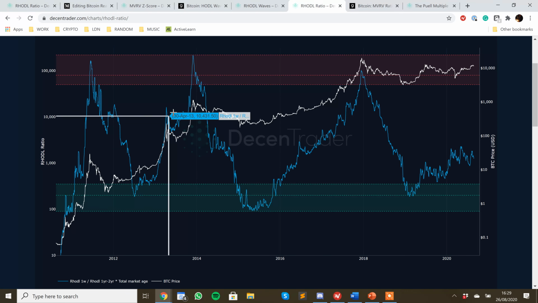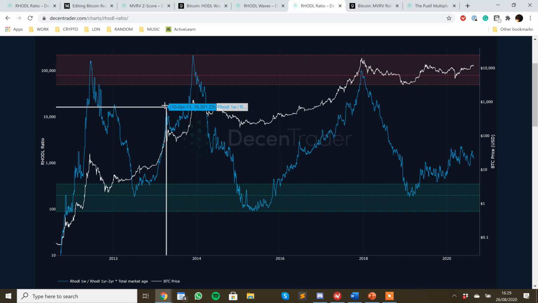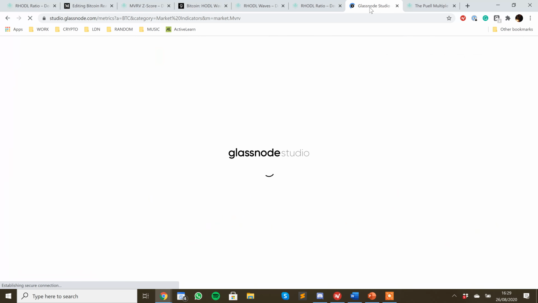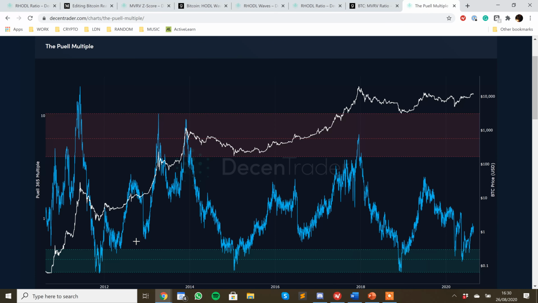Back in this top we had back in April 2013. So if we go to something like MVRV, oh, it's loading up on Glassnode. Okay, let's go to pure multiple. Same thing happens on both of them. So if I was saying, okay, I'm going to allocate capital, if we go back to 2011, let's say I had this indicator back then.